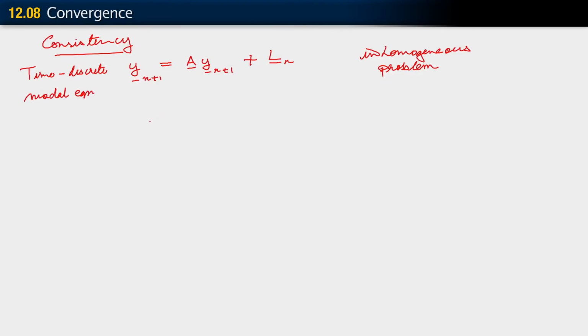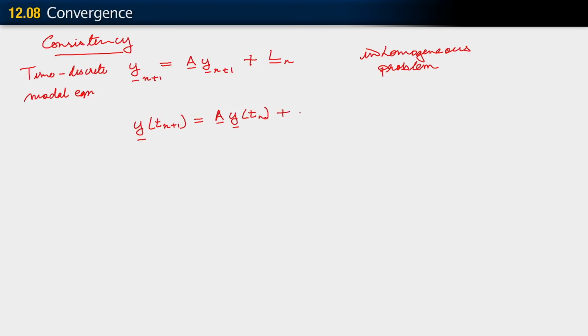Now, for consistency, we say that if instead of the time discrete solution, we were to look at the time exact solution and just plug it into the equation we've written above, we would get y at Tn plus 1 equals A, our amplification matrix, times y at Tn, plus Ln. Remember, y at Tn plus 1 and y at Tn are the corresponding exact solutions.